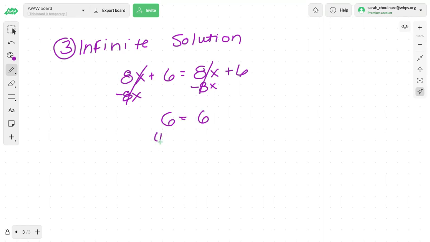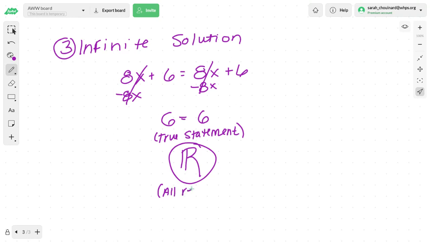That's a true statement. And so since it's a true statement, my answer is infinite solutions, which we use this symbol to represent. This is the all real number symbol. So that would be our answer. We call this all real numbers, and we'll talk more about this symbol a lot this year.